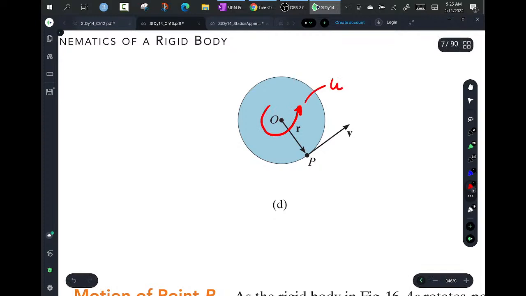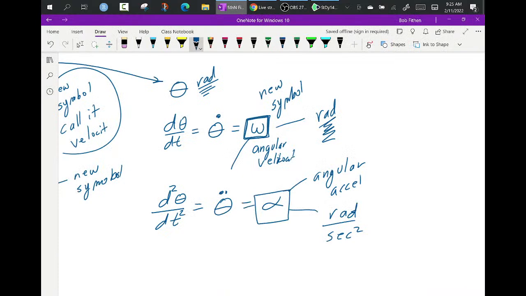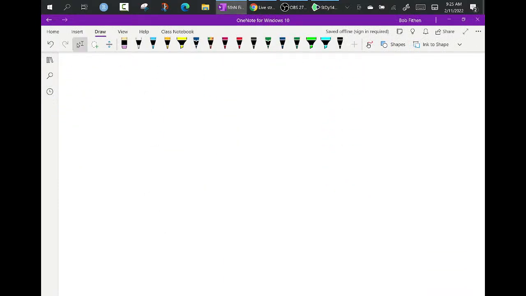You have some omega. Actually, it's spinning here, but if you put an axis and tilted it here, let me go over and do this in one of these. Let's say you had an object that was spinning, and here's the center part of the object. So there's the outside ring of it.